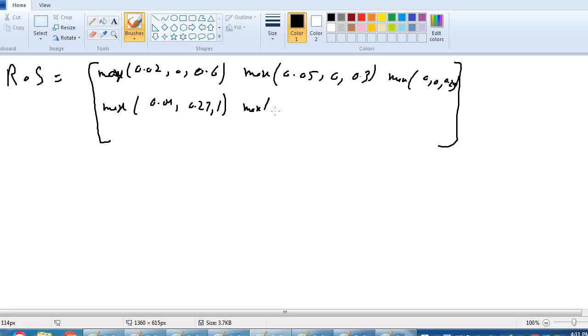Then max of 0.1, 0.3, 0.5. Then max of 0, 0.09, 0.4. This is 0.9.